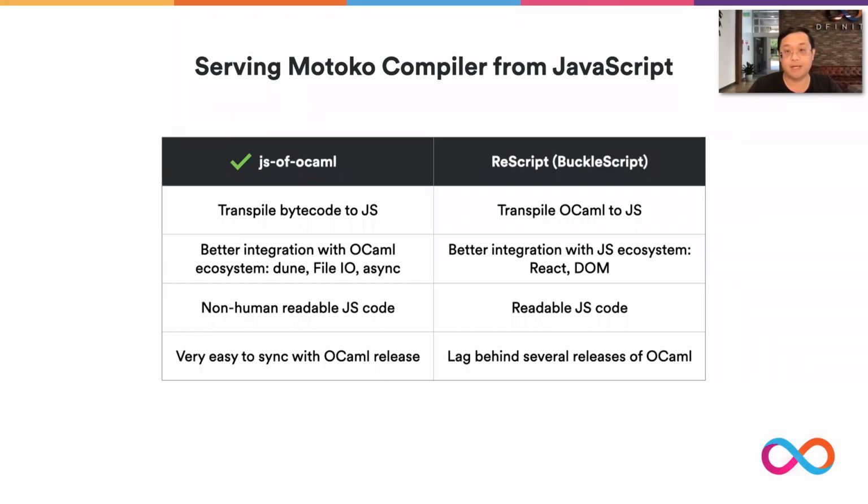But the problem is that each time OCaml has a new release, it takes a lot of time to catch up to the new release because you are starting directly from the OCaml surface language. So that's why we eventually chose js-of-ocaml, because the Motoko compiler is purely written in OCaml as a complete project, and we don't want to change all the existing code there. And it's very, very convenient for us.